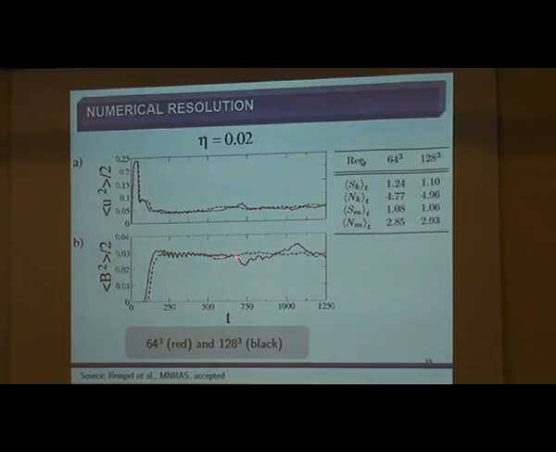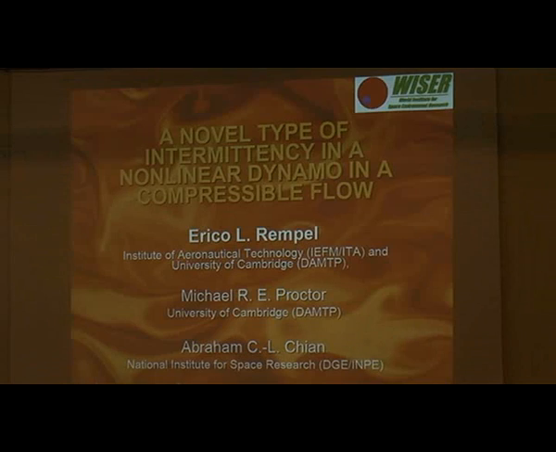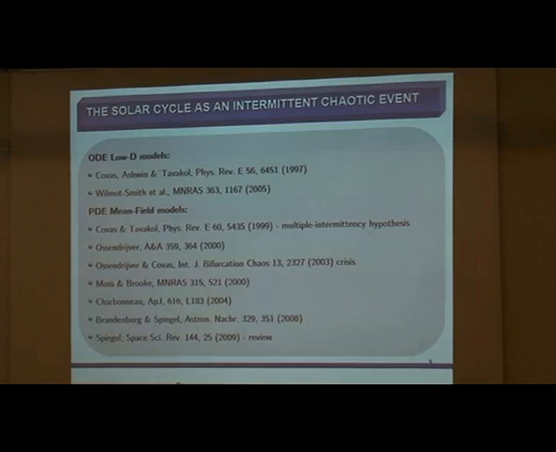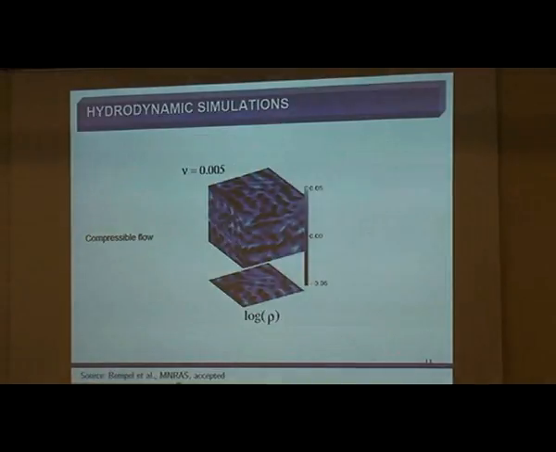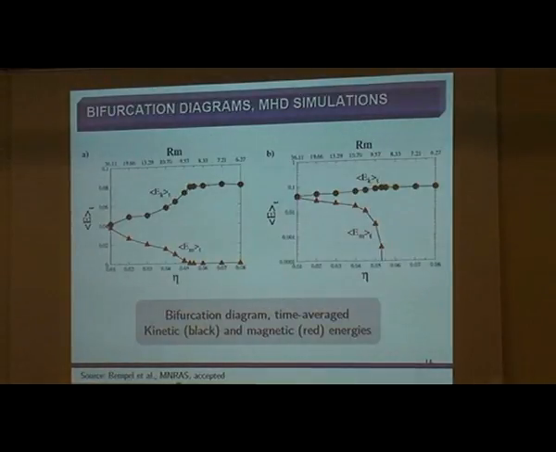I don't know why it's still oscillating, but it could be because when you increase the resolution, the tendency is to shift the whole bifurcation diagram, to the right or to the left.